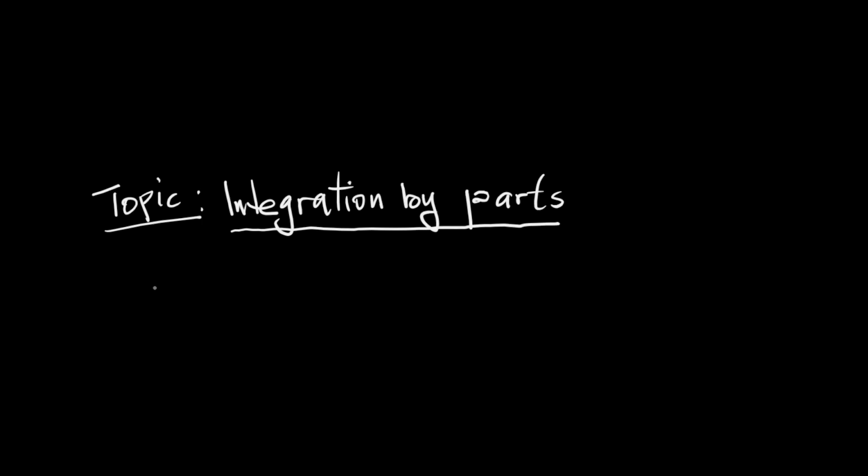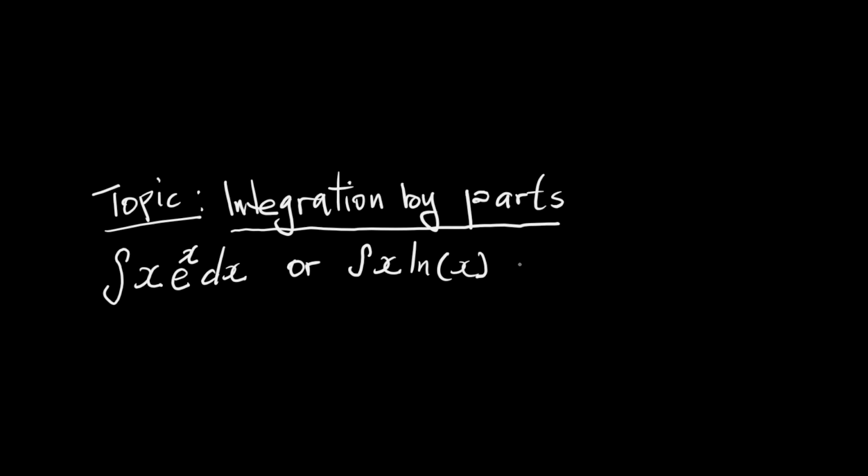What do I mean? If we have the integral of x e raised to the power of x dx, or the integral of x ln x dx, we have this problem.